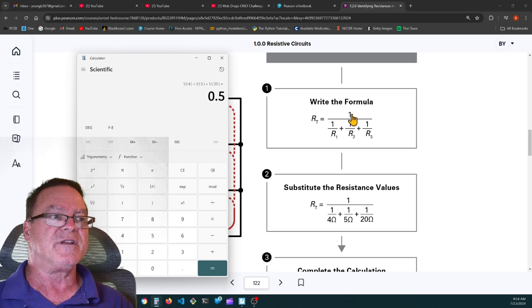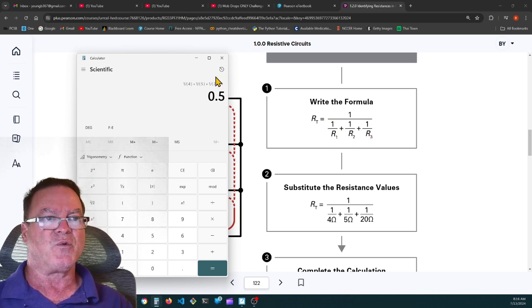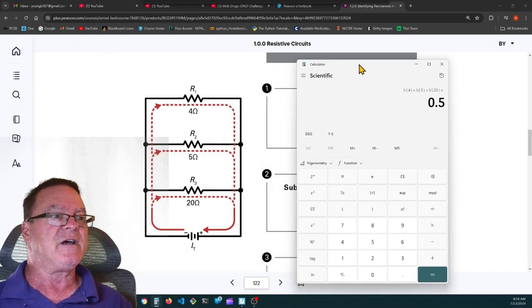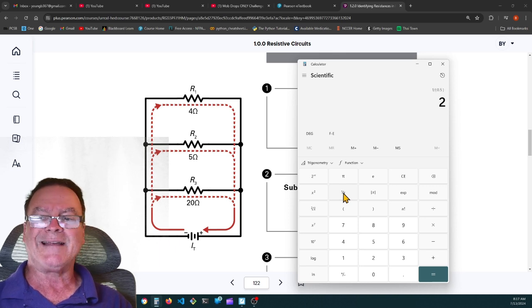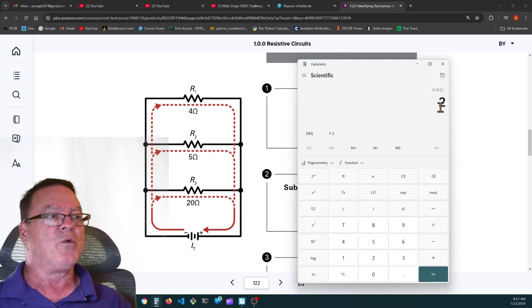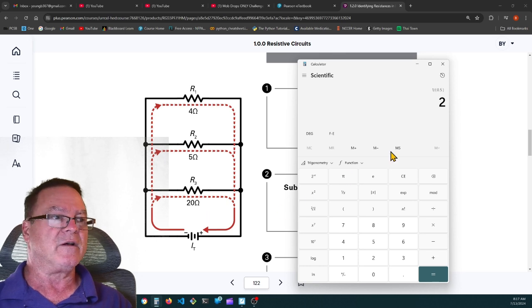The formula is 1 over R1 plus 1 over R2 plus 1 over R3, so when you get done with all three resistances, you have to reciprocate your answer one last time. The total resistance with a 4 ohm, a 5 ohm, and a 20 ohm resistor in parallel is 2 ohms.